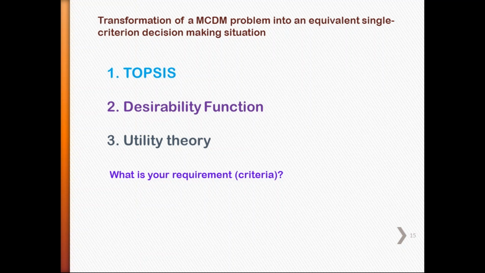Now, what is your requirement or criteria requirement? I already told, before solving a multi-criteria decision making problem, you have to think what is your criteria requirement. Some criteria are there whose higher values are preferred, some criteria lower values are preferred.